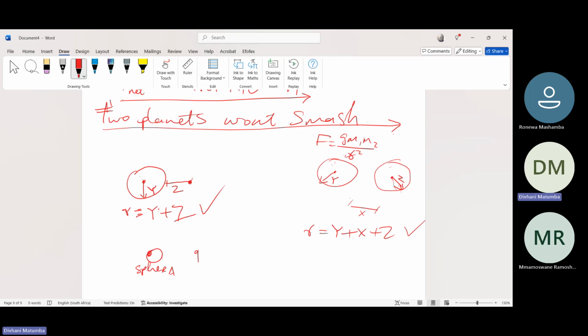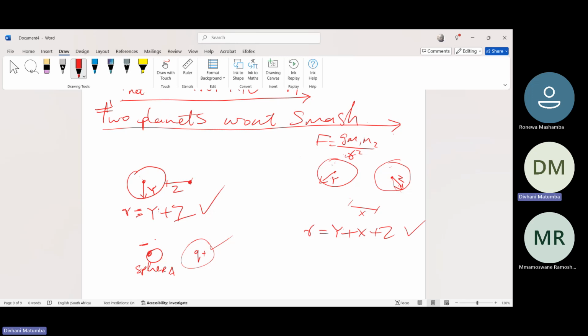Okay, do you remember this, Mamswan? Yes. You put a positive test charge and see how it will interact with your charge.